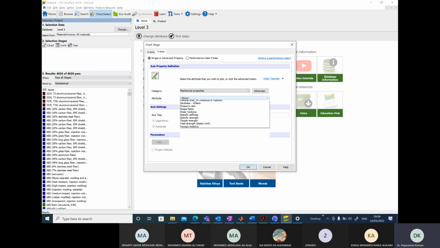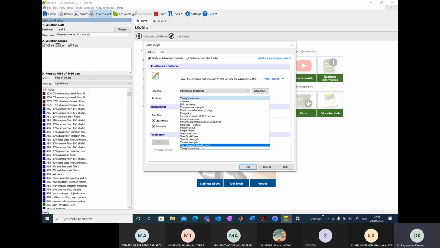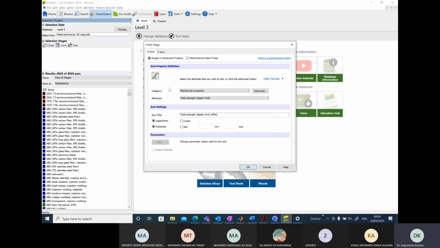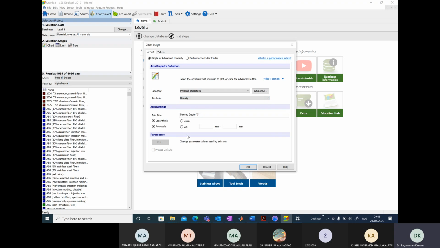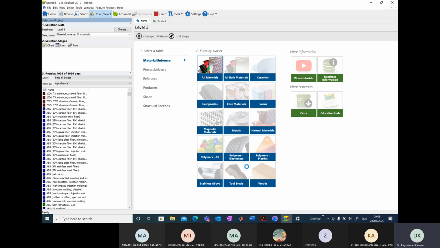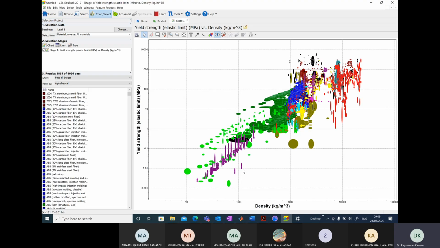Go to mechanical properties, Young's modulus, yield strength. And on the x-axis, we go for general properties, physical properties, and density, and draw. Here you can see great detail on what the different materials are. Okay, so much more detailed here.